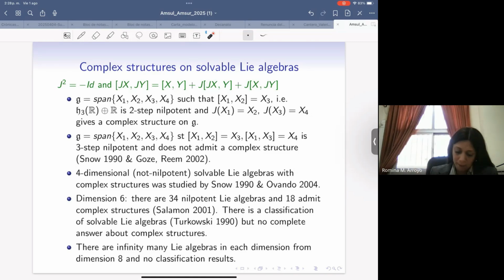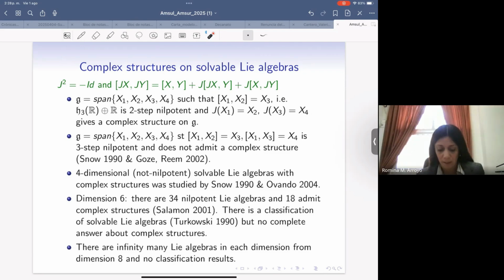And so what's the problem? There is no classification. That is the first problem. If you want to classify all complex structures on solvable Lie algebras, the first problem is that there is no classification of these Lie algebras up to isomorphism.